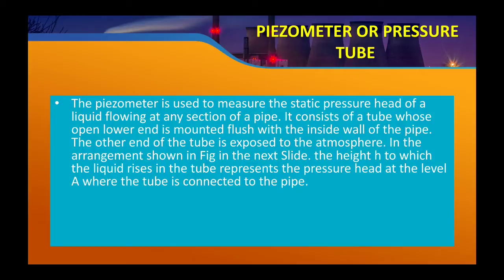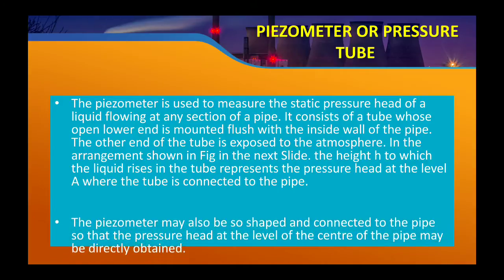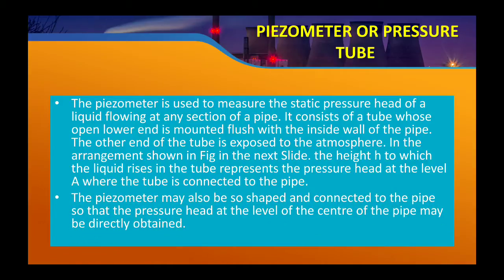In the arrangement shown in the figure, which is in the next slide, the height h to which the liquid rises in the tube represents the pressure head at the level A, where the tube is connected to the pipe. The piezometer may also be shaped and connected to the pipe so that the pressure head at the level of the center of the pipe may be directly obtained.